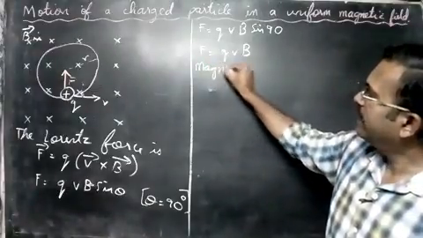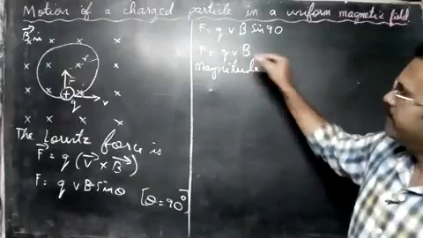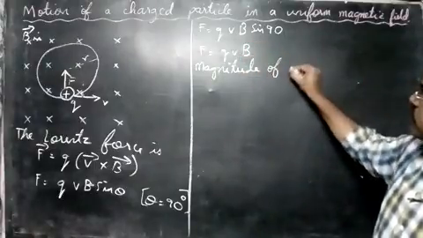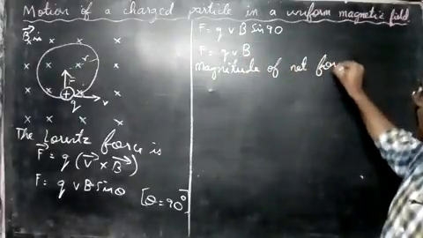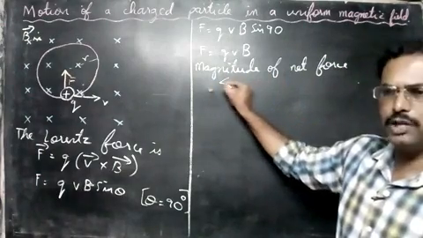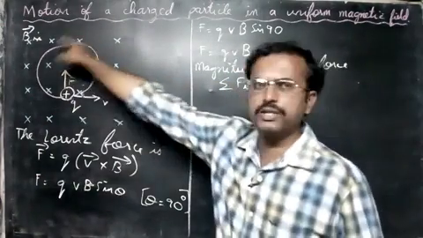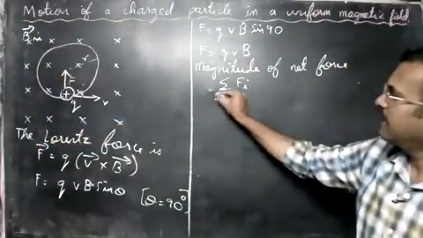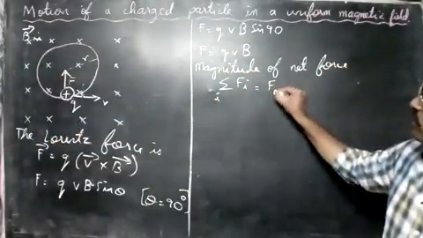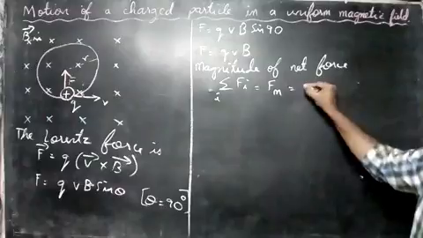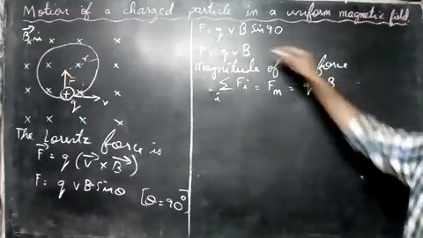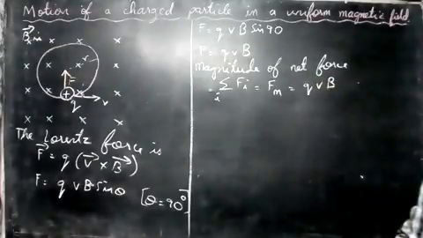We can write the magnitude of the net force as the summation of all these forces. We add all the forces here and sum them to get the total magnetic force, which equals QVB. This one thing you know.